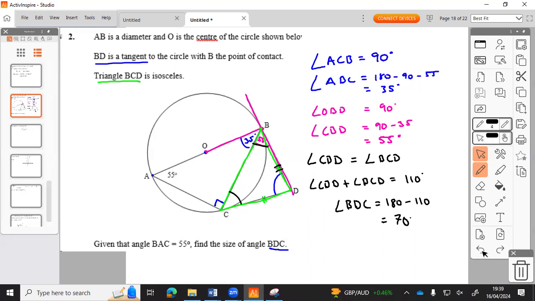Okay. So you need to know the difference between diameter, chord, tangent, and what rules those bring into it. A chord is just a line that goes edge to edge, but doesn't go through the origin or the centre. If it doesn't go through the centre, it's a chord.